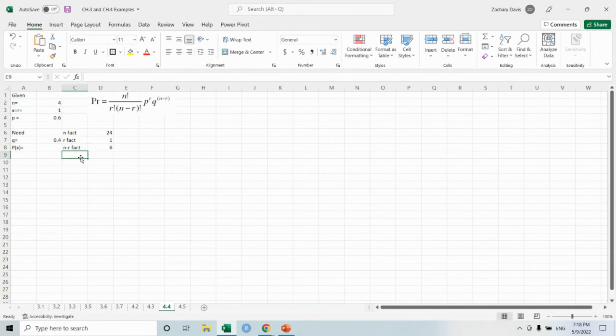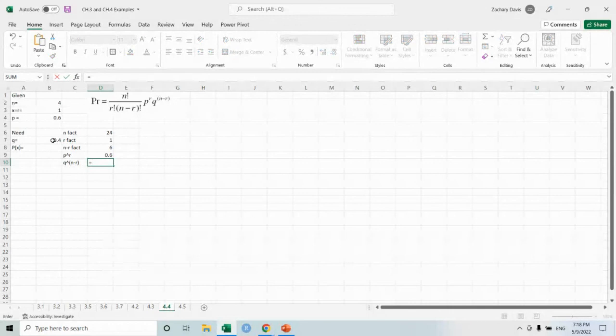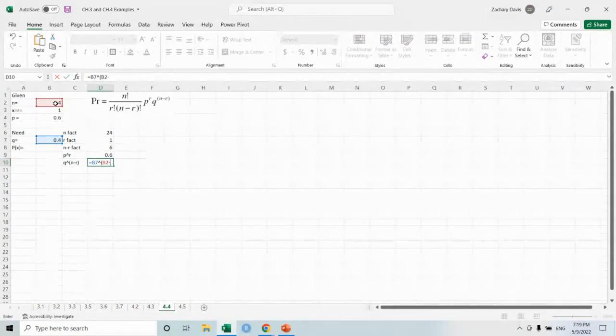Then we have p raised to r, equals p raised to our number of successes. And we have q raised to, so we've calculated q here. So we have q, and we're going to raise that to n minus r.